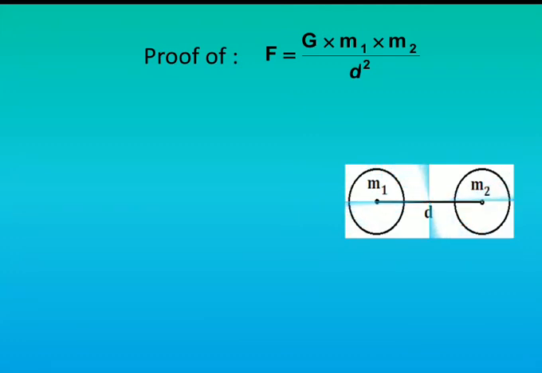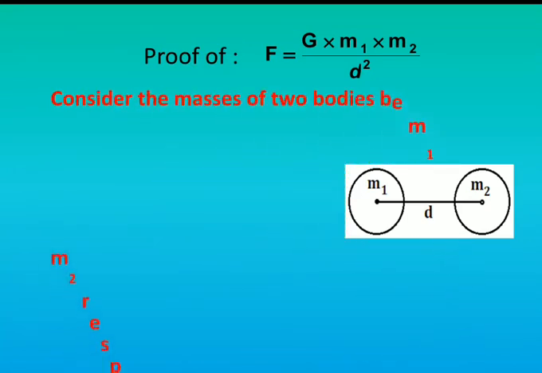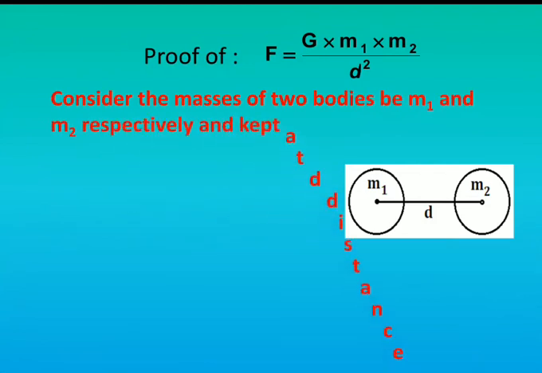Proof of F equals capital G into M1 into M2 upon D square. Consider the masses of two bodies be M1 and M2 respectively and kept at D distance.